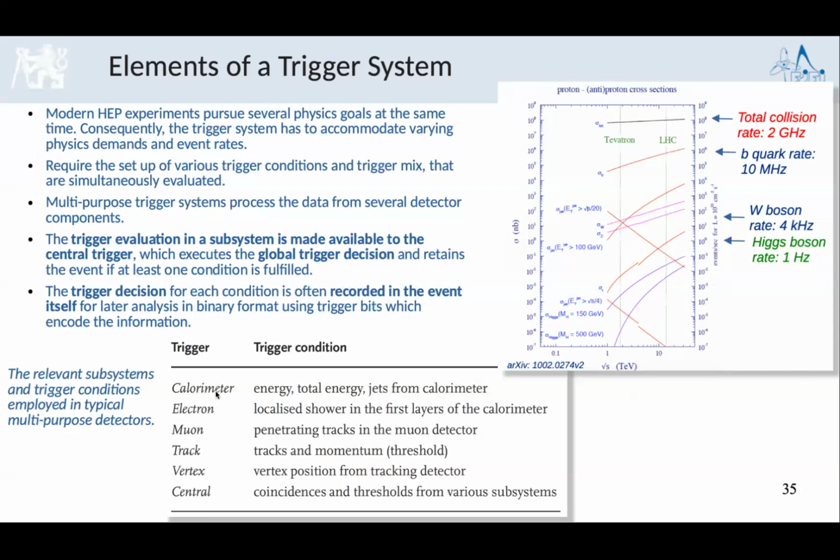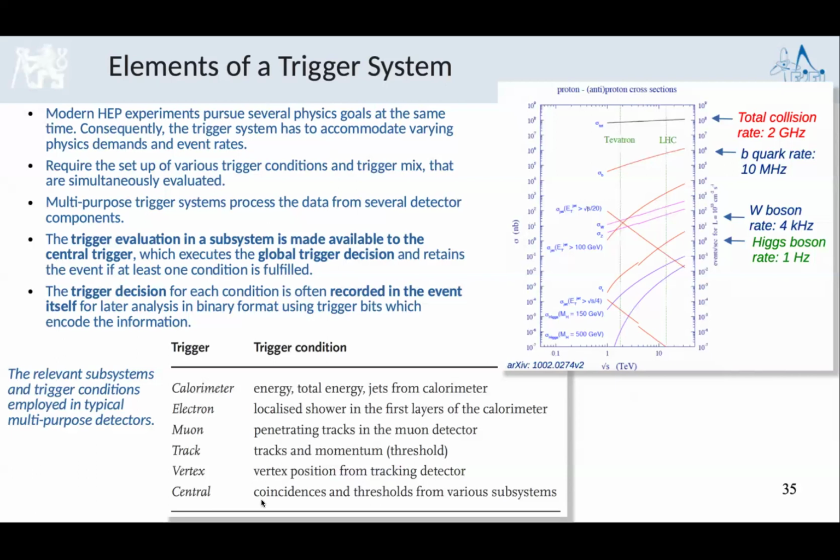This is calorimeter, electron identifiers, localized showers. For trackings, you do the selection of a certain type of tracks and momenta, select because of the vertex position of the collision in that experiment.